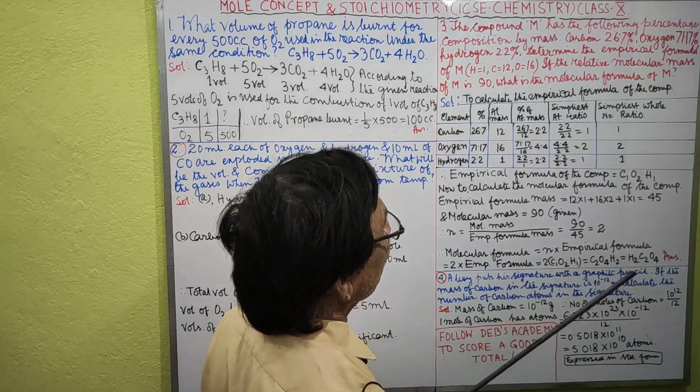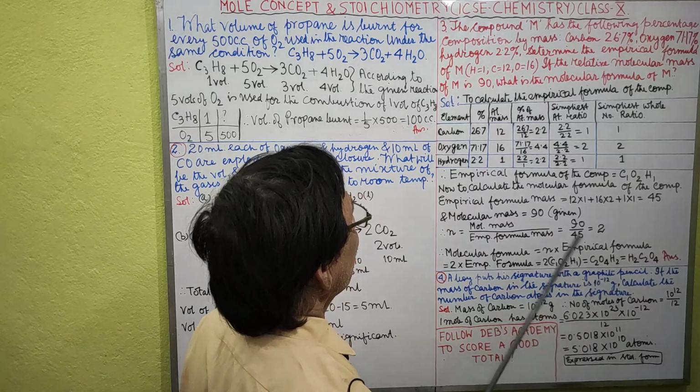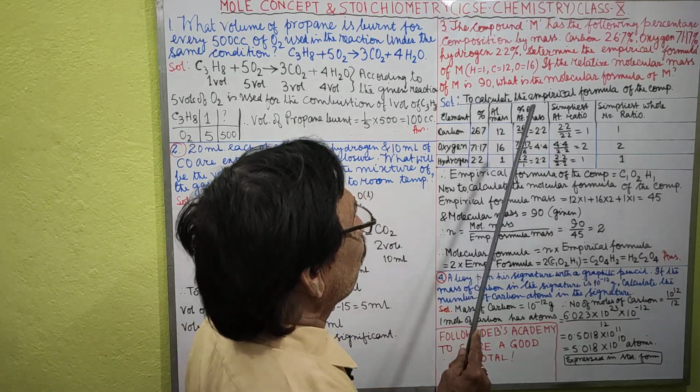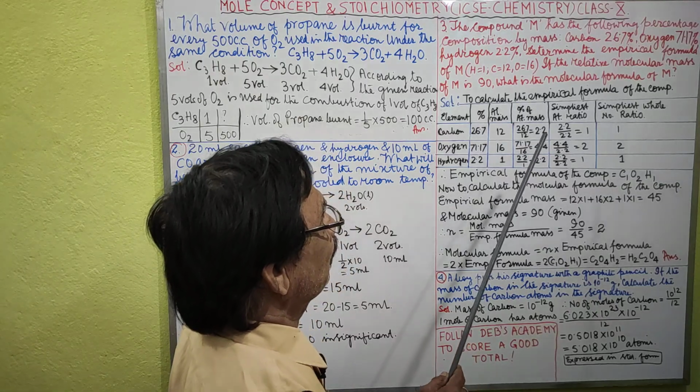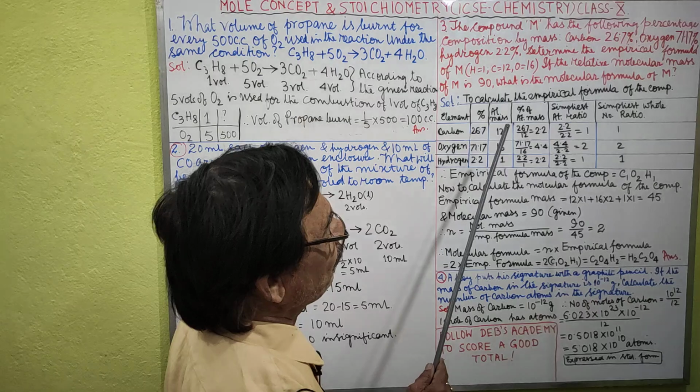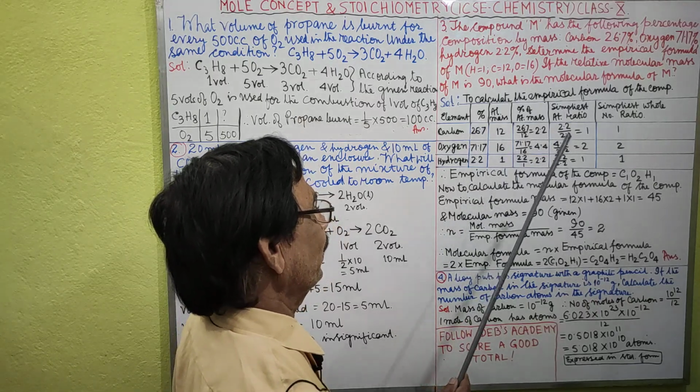We have to determine the empirical formula of M when H equals 1, C equals 12 and O equals 16. If the relative molecular mass of M is 90, what is the molecular formula of M? We have to find out.